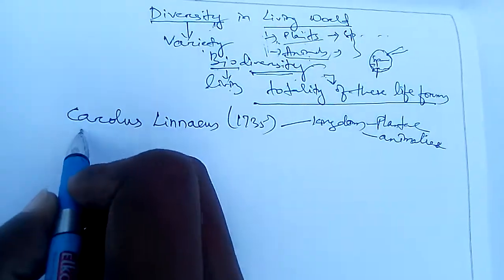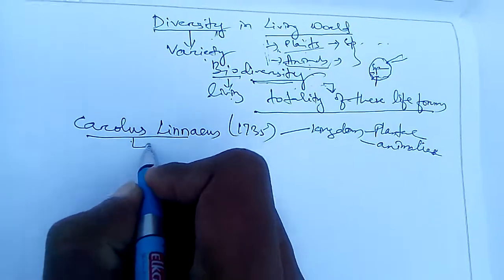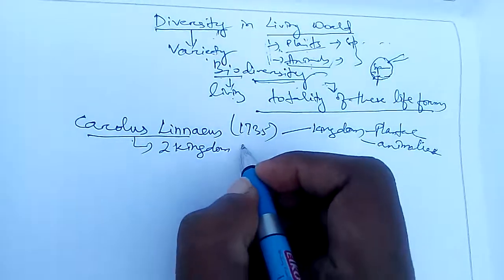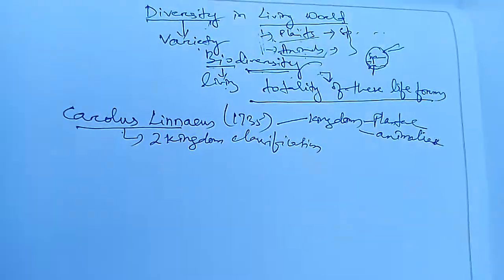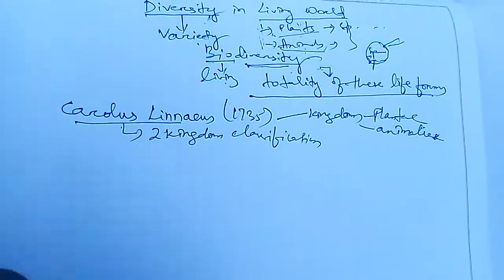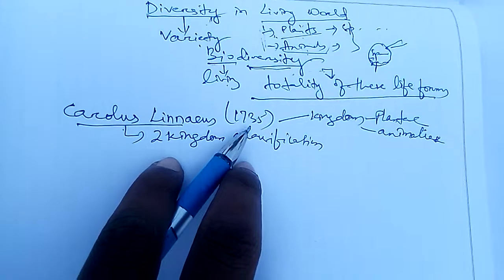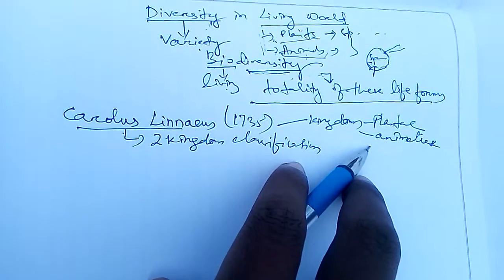So the first classification of the living organisms was given by Carolus Linnaeus, and that was named the two kingdom classification. Those two kingdoms are Plantae and Animalia.